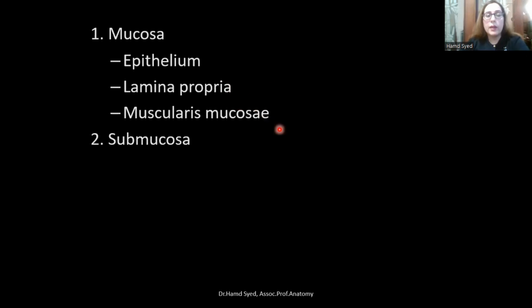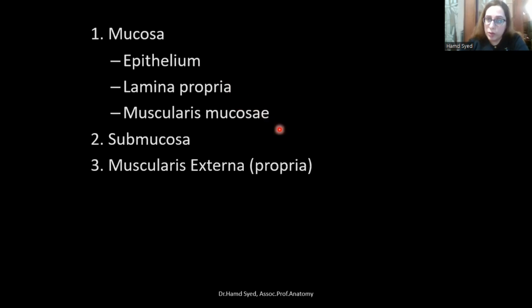Now, if we look at the submucosa, this is another connective tissue layer which is supporting the mucosa, and then outer to that is the layer which has the thick quantity of the smooth muscle fibers, that is muscularis externa or propria. So this is the proper muscular layer of the stomach. In case of the stomach, the smooth muscle fibers are arranged in 3 layers.